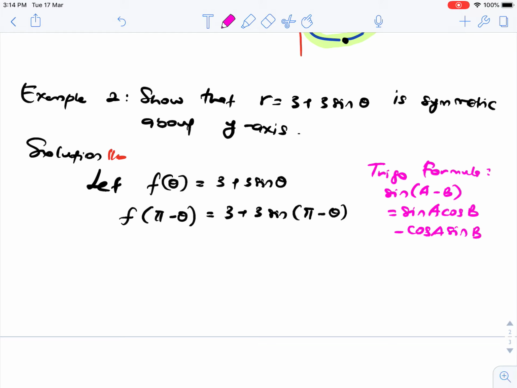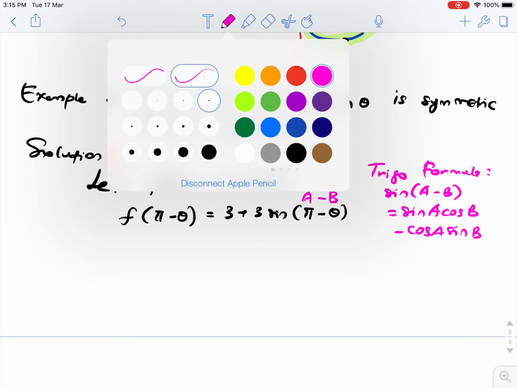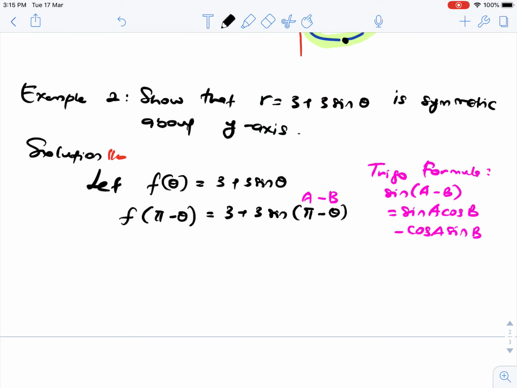So let's say pi is our a and theta is our b. Now we can substitute the trigonometric formula. We will have 3 plus 3 times sine a cos b, so sine pi cos theta, minus cos a sine b, so cos pi sine theta, like this.